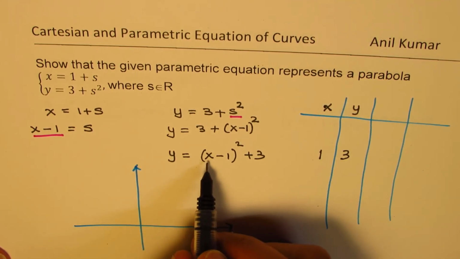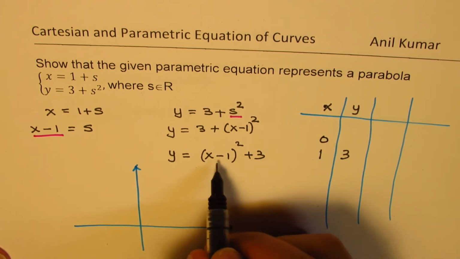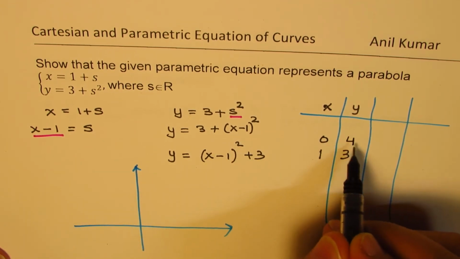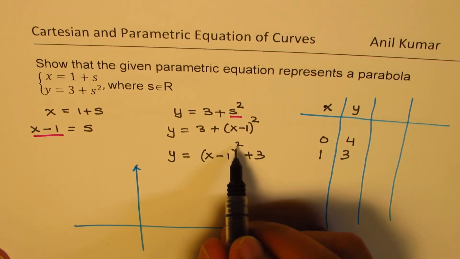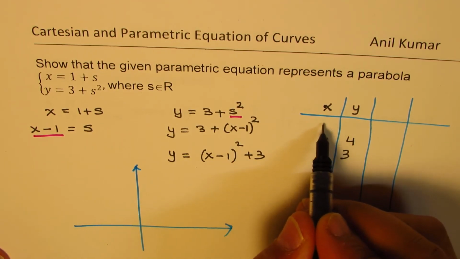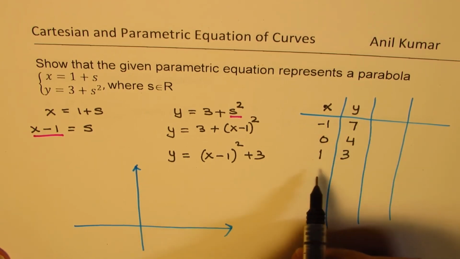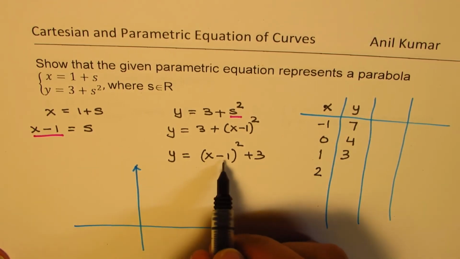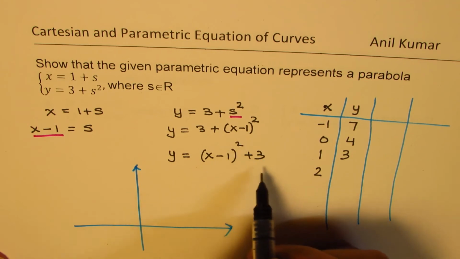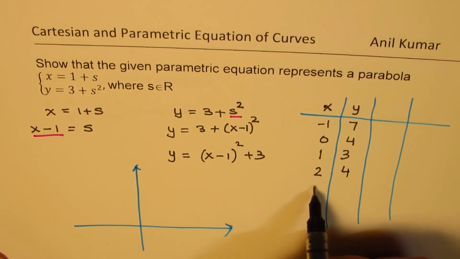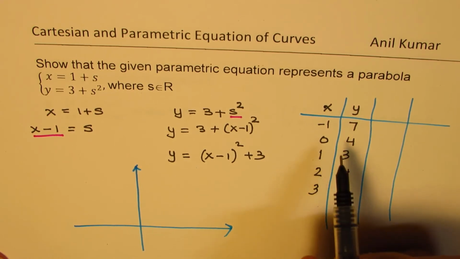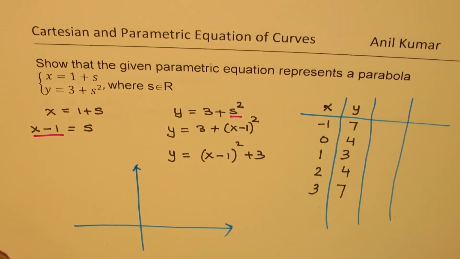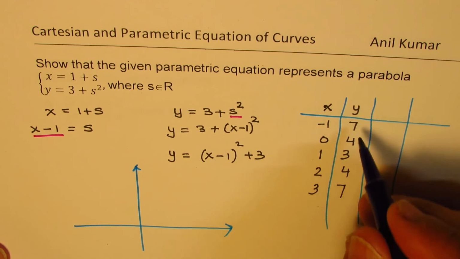If I write x as 0, I get 1 plus 3, which is 4. And if I write x as minus 1, it becomes (minus 2) squared, which is 4, plus 3, 7, right? And if I write 2 here, 2 minus 1 gives me 1 squared plus 3, which is 4. And for 3, I get 4 plus 3 as 7, right? So for different values, we do get some values of x and y.